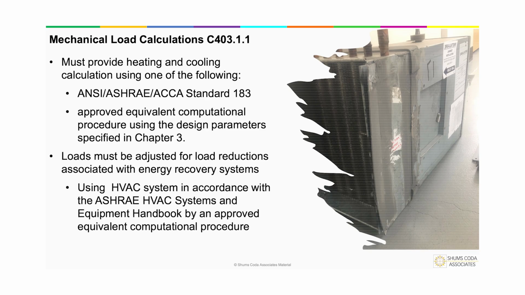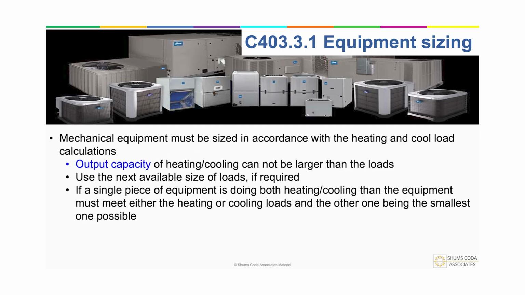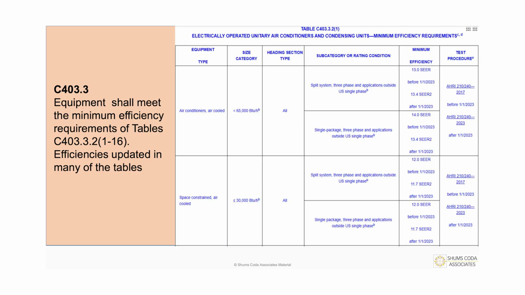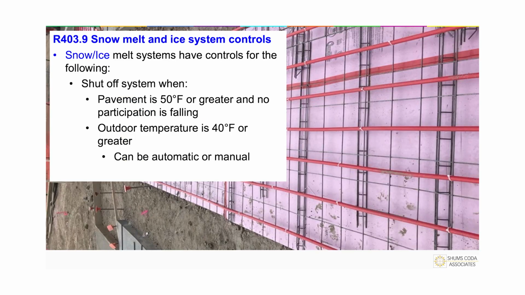You have heating and cooling load calculations, just like on the residential side. You have to ensure that you size it appropriately, like a Manual S, but this one is for commercial. You have to make sure that it meets the efficiencies. It's a little bit more complicated than residential, but still the same concept. There are a lot of similarities. It's just that commercial typically has a little more complexity to it, and so it sends you over to that.